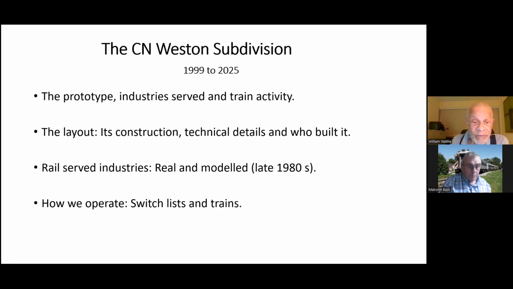I'll talk briefly about the layout, describing the layout. I won't go too much into the technical details because I've covered that before. Then we will look at the rail-served industries on the Weston sub. I'll talk a bit about that subdivision. And last, about how we operate and how we try to approach operating like the real thing.